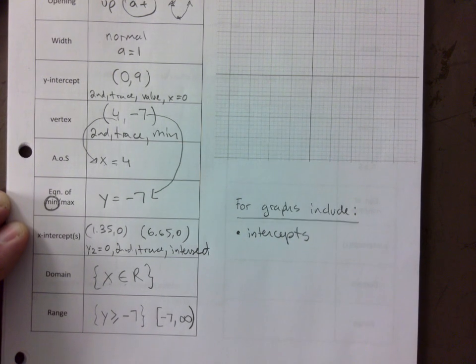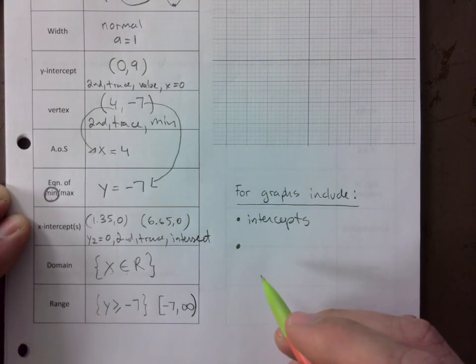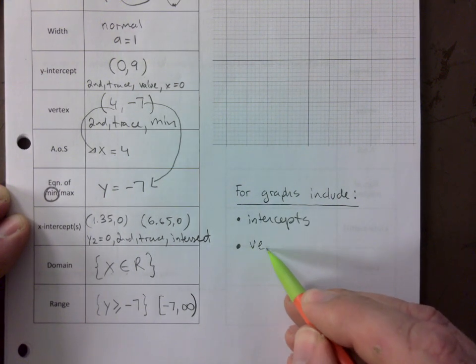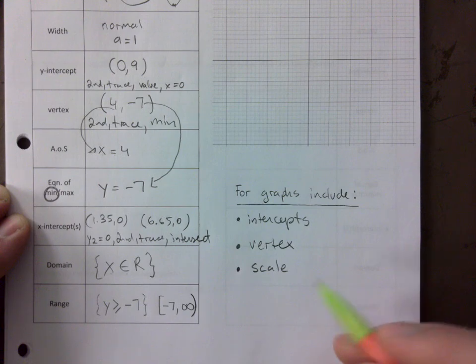Sometimes there is no x-intercept, so then that becomes a problem. Another one is the vertex. You want to have the vertex. You want to have a good scale. You want that to be consistent.